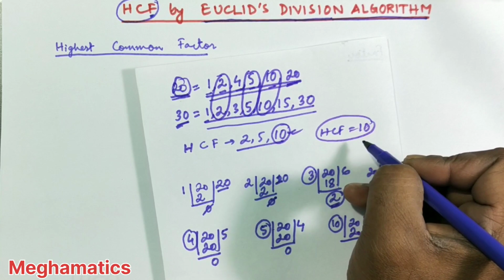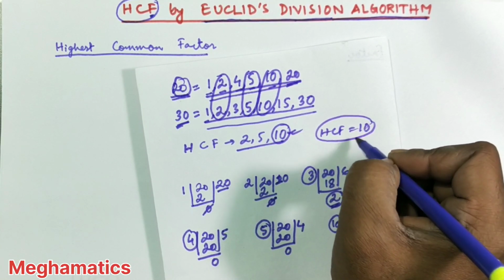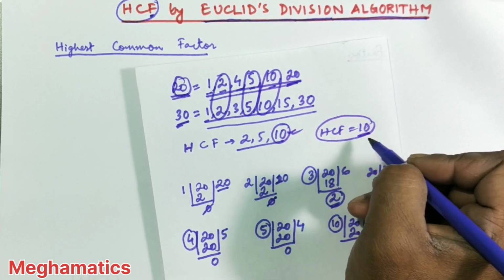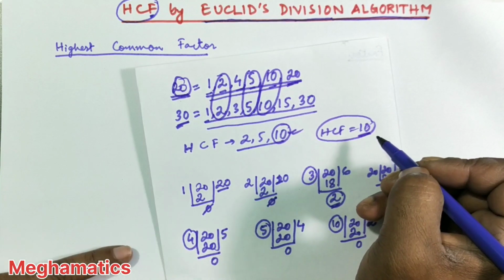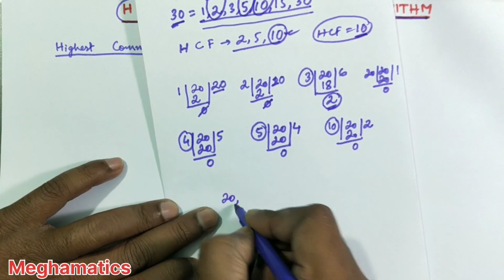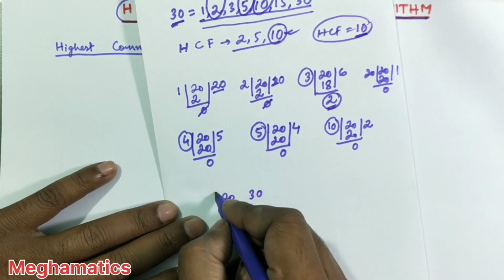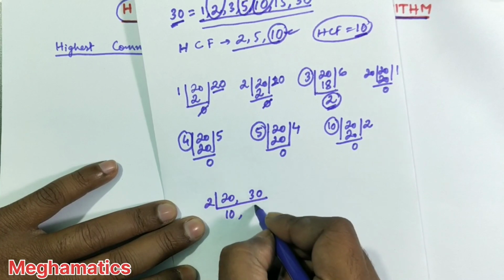Now the thing is, we have a different method to find the HCF. So this is the basic method of HCF. Now we can find the HCF by the prime factorization method. Suppose we have 20 and 30, then we can divide them with 2. Here 10 times, 2 times are 20, here 15 times.